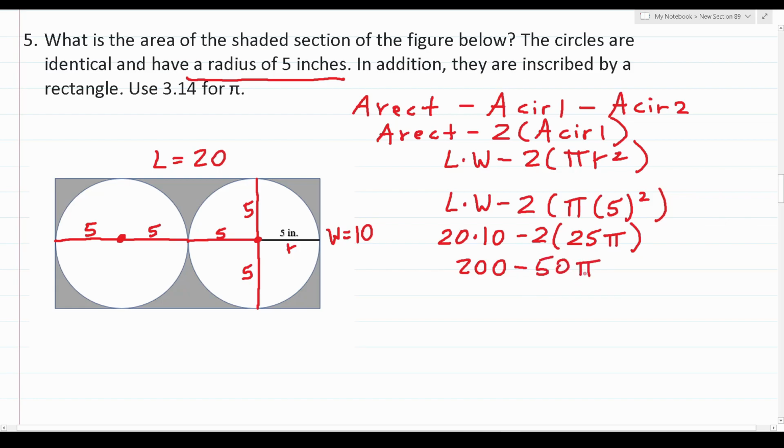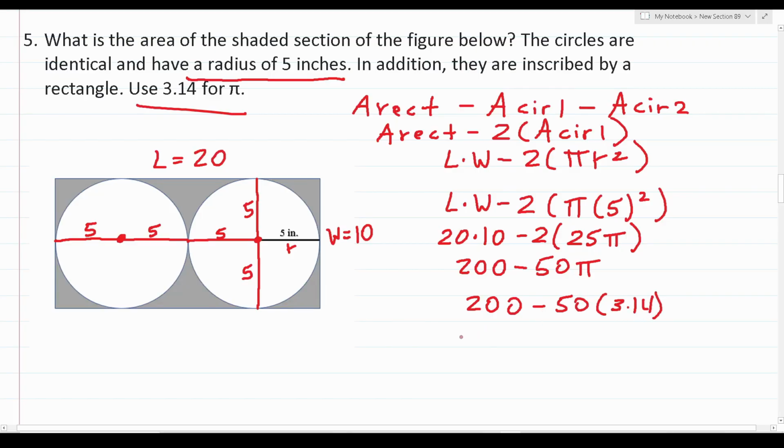Again, we're going to let pi be 3.14 according to the problem. So this becomes 200 minus 50 times 3.14. I'm going to work out 50 times 3.14 off to the side so as not to make any mistakes here.